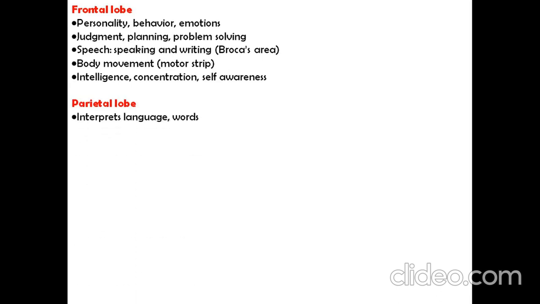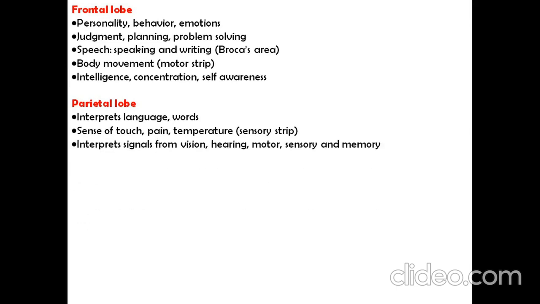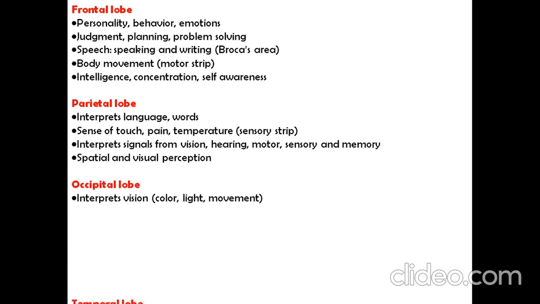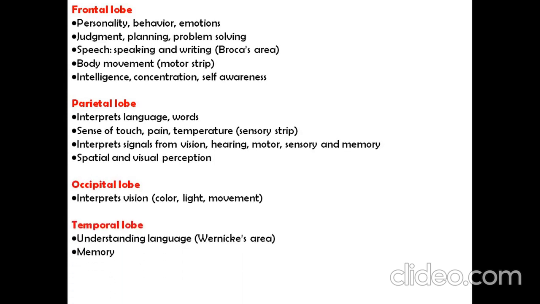Next is the parietal lobe, which is responsible for interpreting language and words, sense of touch, pain, temperature, and interpreting signals from vision, hearing, motor, sensory and memory, as well as spatial and visual perception. The occipital lobe interprets vision, and the temporal lobe handles understanding language, memory, hearing, sequencing and organization.